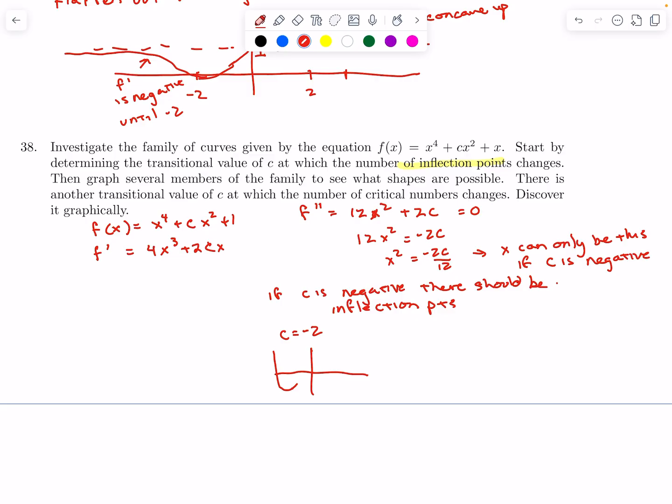Let's see, it goes through the origin and then bounces. And in fact, there's an inflection point at plus and minus something. So concave up for a while, concave down, although I drew it badly, and then concave up again afterwards. So concave down, concave up.